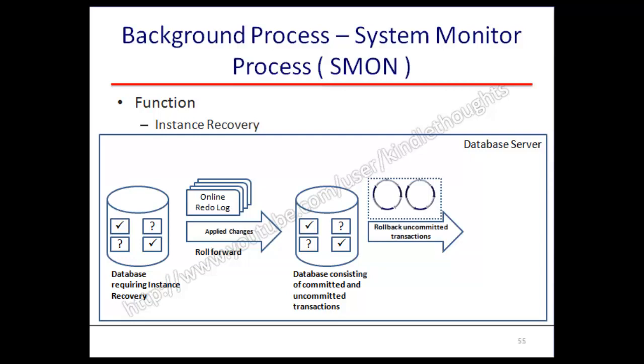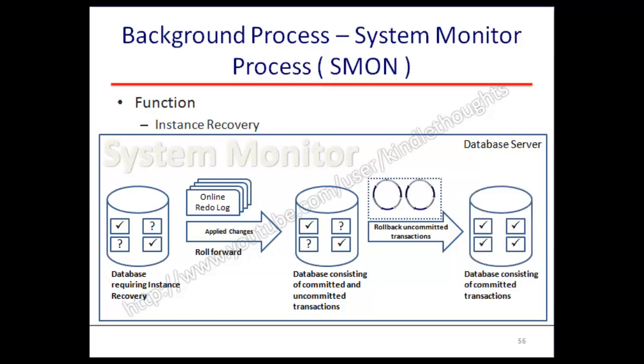So this particular phase is referred to as a rollback phase, and at the end of this whole exercise you would have a database which consists of committed transactions, and this database is in a consistent state. So this is one of the more primary responsibilities of SMON. It's referred to as instance recovery.